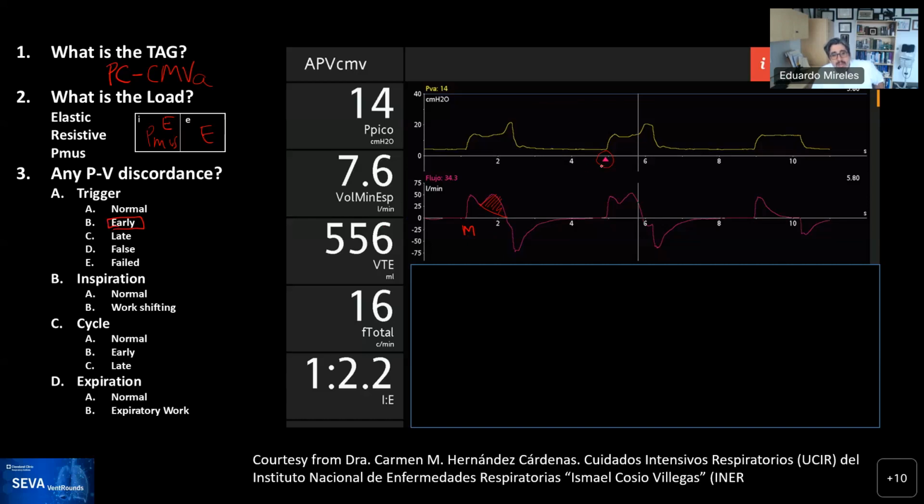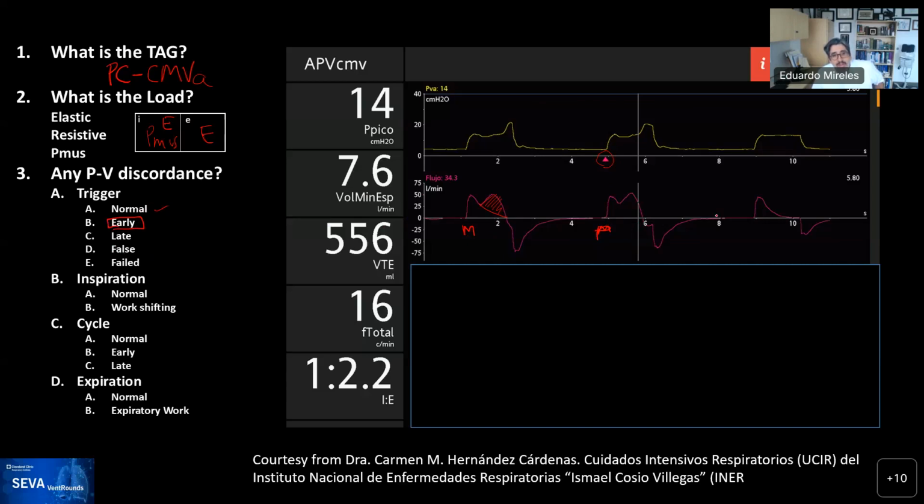In the next one, you actually have the marker. So you know that this is actually a patient triggered breath because the machine is telling you that it was triggered by pressure, and then you have evidence of Pmus. So this one is normally triggered.